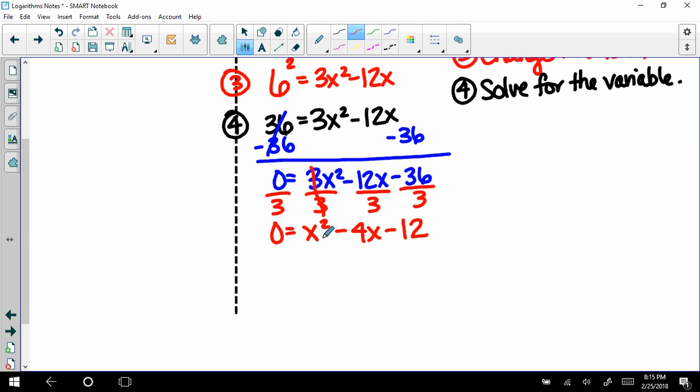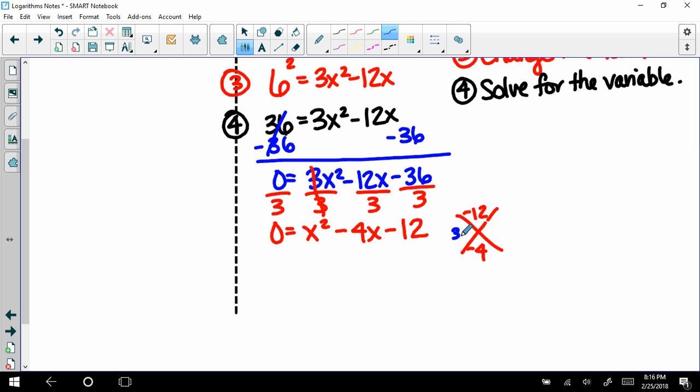Okay, now I always think you should try to solve by factoring so that you don't have to use the quadratic formula. So this is that method where you want it to multiply to give you negative 12 and add to give you negative 4. So then you think about all the things that multiply to give you negative 12. So you have 3 times 4. Well, even if I did negative 4, 3 plus negative 4 does not give me negative 4.